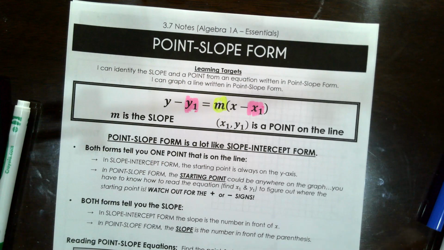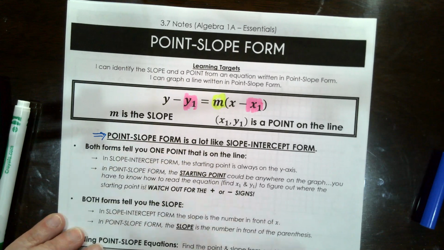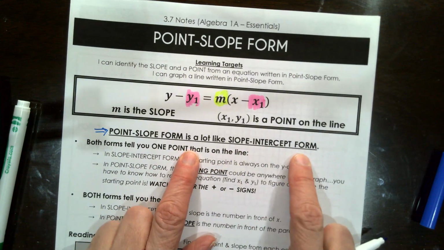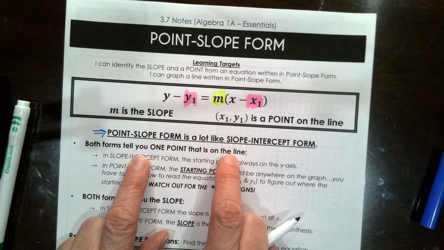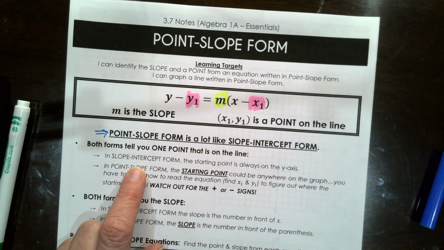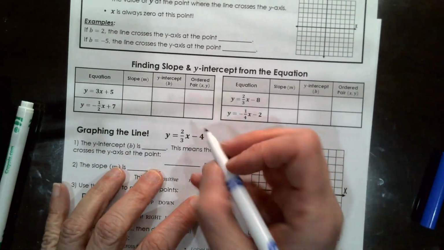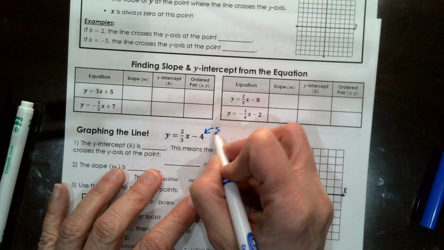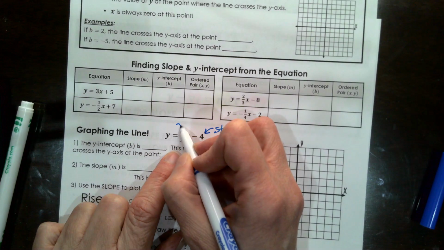But I do want to say, in terms of graphing, point-slope form is a lot like slope-intercept form. Okay? So both forms tell you one point on the line. In slope-intercept form, the starting point is always on the y-axis. So if you remember, when we graphed, we would always start here, and then this would be our slope here.